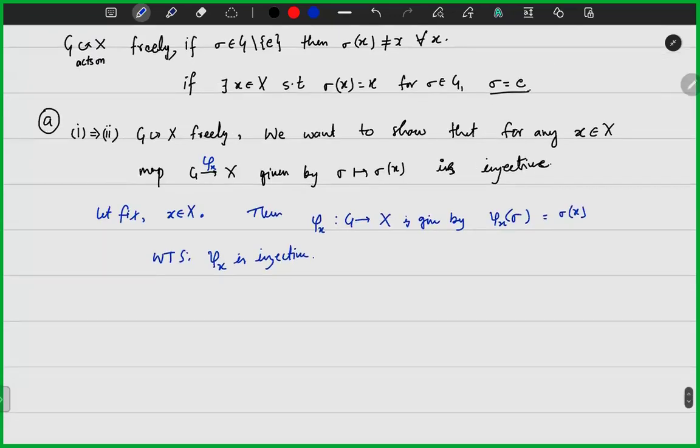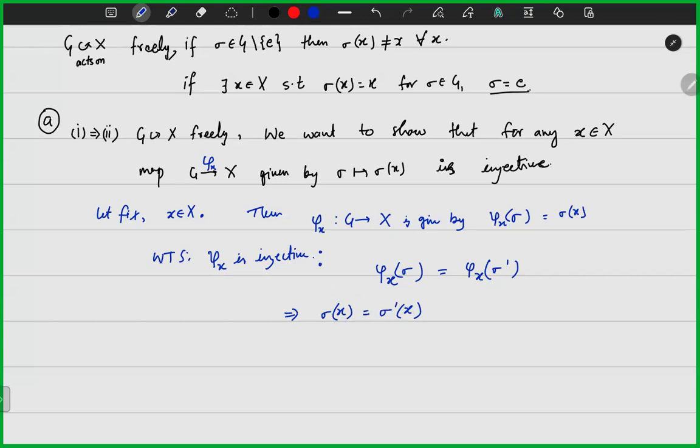Okay, so how will we proceed? As usual, to show a map is injective, suppose psi_x of sigma is equal to psi_x of sigma prime. We'll show sigma is equal to sigma prime as elements of G. This will imply that sigma of x is equal to sigma prime of x, right?